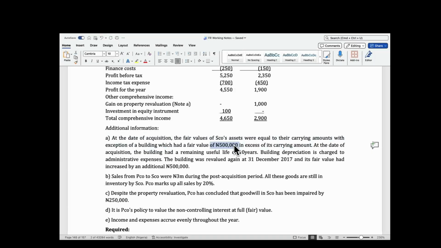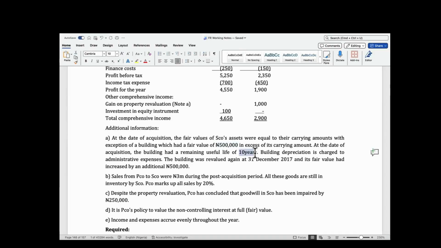I told you that this is a fair value reserve, and since it arises at the date of acquisition, it is a pre-acquisition reserve that will be cancelled out on consolidation.